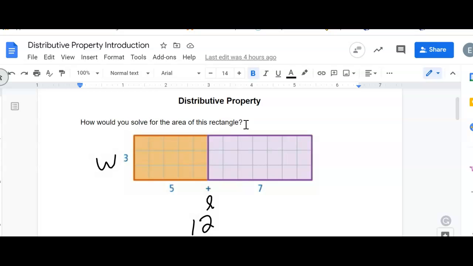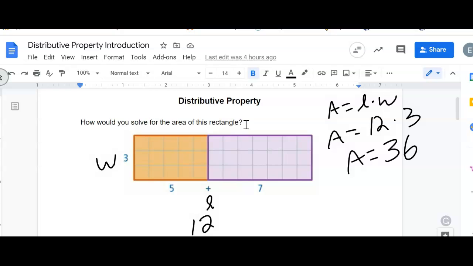Then what would we do? 12 times 3. Area equals length times width. Area equals our length, 12, times our width, 3. Area equals 36.